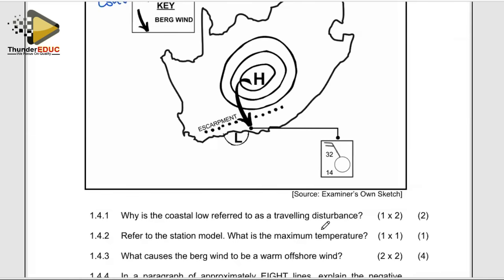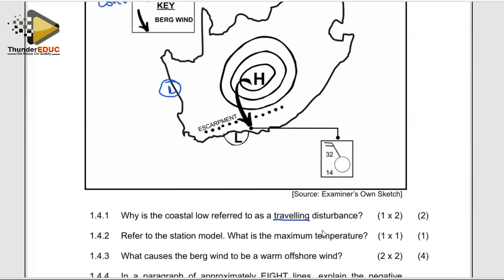If you look at what we call the coastal low, we are looking at that low pressure cell, which is indicated on the edge of land and water. So whenever you see an L on the edge of land and water, that is a coastal low. So the question is saying, why is it a traveling disturbance?